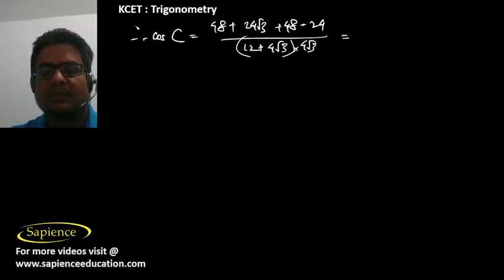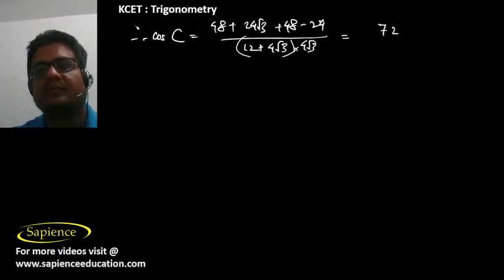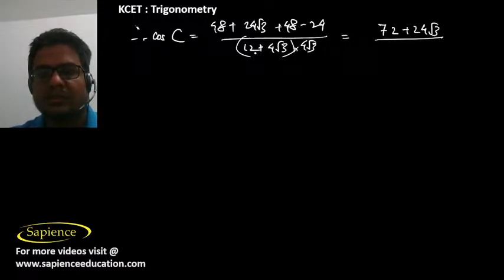So this will be equal to 24 plus 48, that is 72. So this is 72 plus 24 root 3 divided by 4 root 3 into 12 is 48, 48 root 3 plus 16 3s are 48.